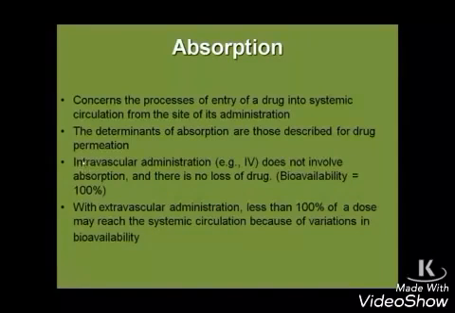Now notice this, intravascular administration, IV, does not involve absorption. There is no loss of drug, and we'll talk about bioavailability, but for now, you should remember that the bioavailability of an IV administered drug is 100%. Importantly, it does not involve absorption.